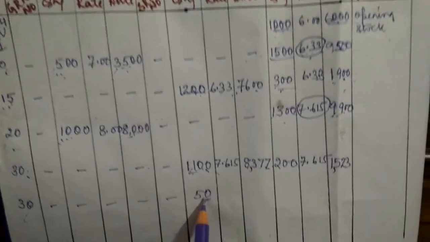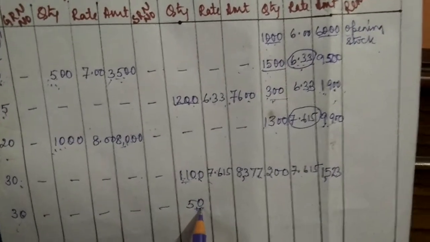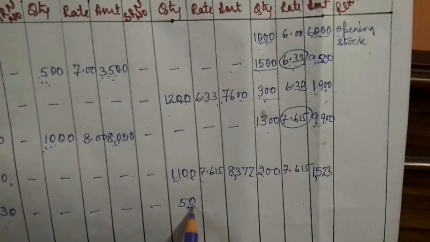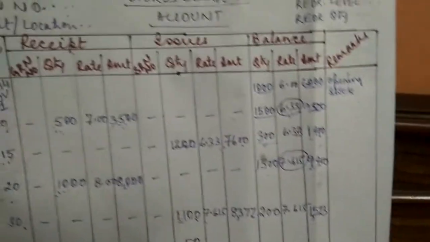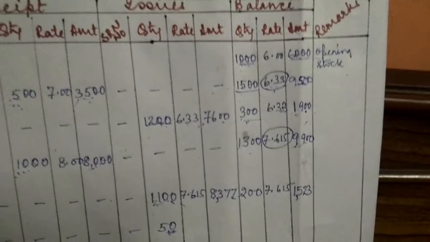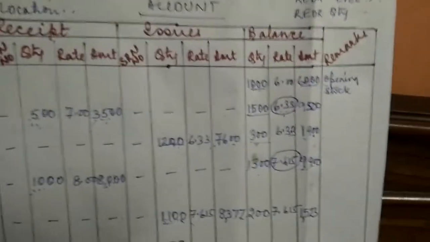We will issue this. Why we will issue this? Because this has been given on this date. But one thing what you have to keep in mind is that here we have to assume something, and that is that shortage is found at the end of the day.